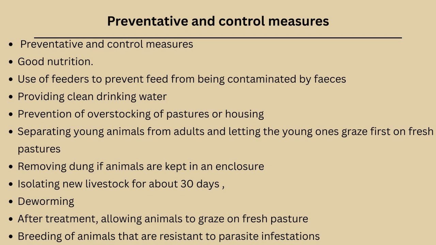Removing dung if animals are kept in an enclosure. Isolating new livestock for about 30 days. Deworming: after treatment, allowing animals to graze on fresh pasture. Breeding of animals that are resistant to parasite infestations.